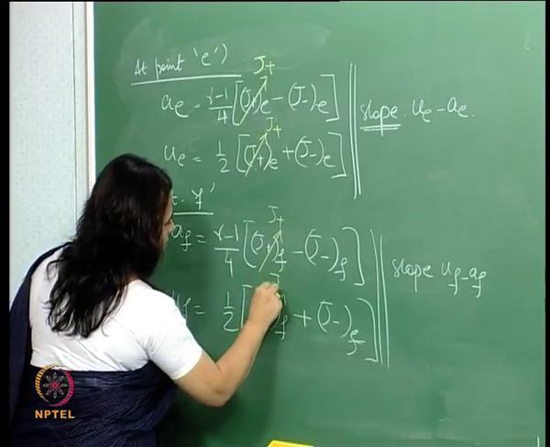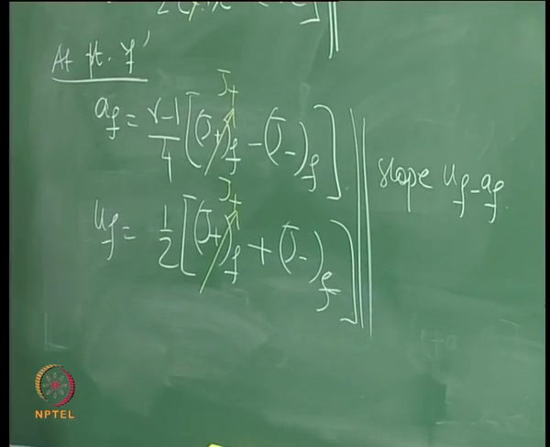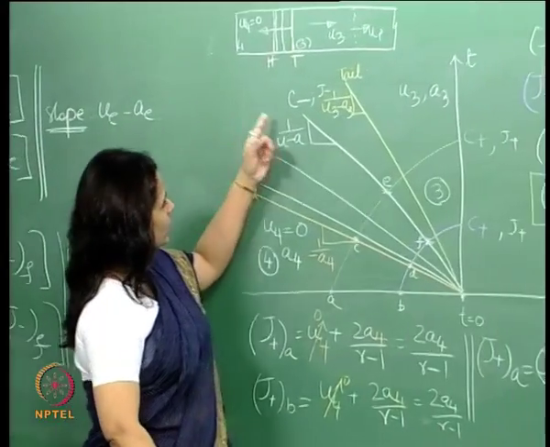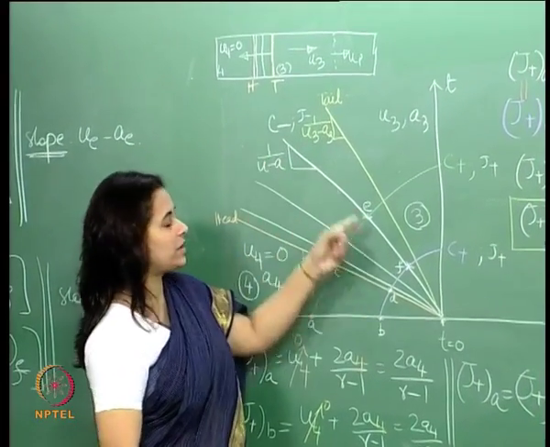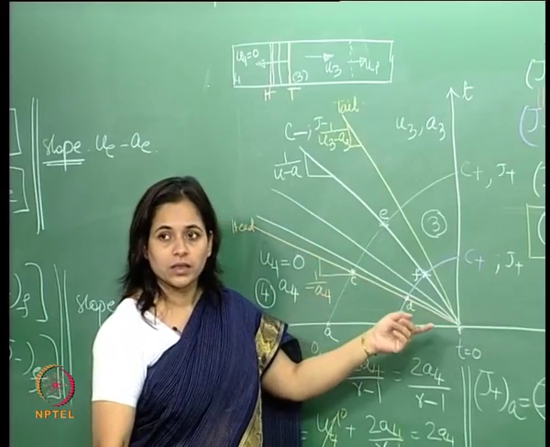Now, this E and F lie on the same C minus characteristic, so this will have the same J minus, isn't it?